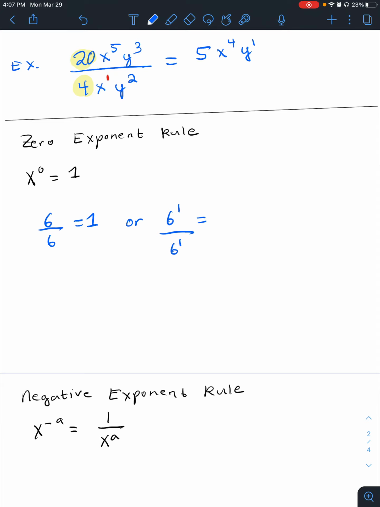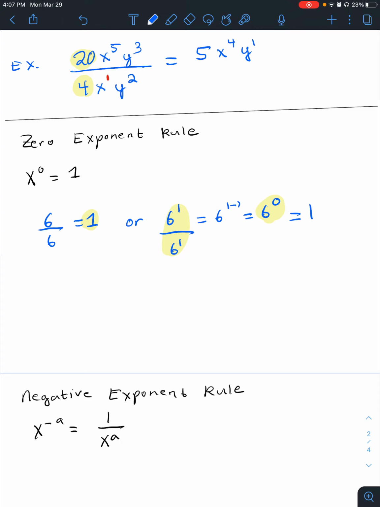And if we use the quotient rule, it says that we subtract the powers and we get 6 to the power of 0. We know from here that 6 divided by 6 is for sure 1, and we know that this is equivalent to this. So if everything in yellow is equivalent, then we know that anything to the power of 0 has to be 1.